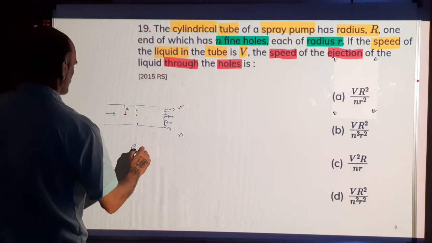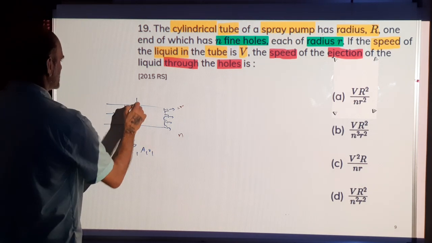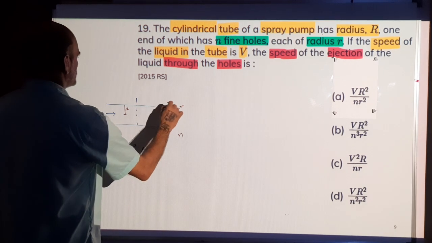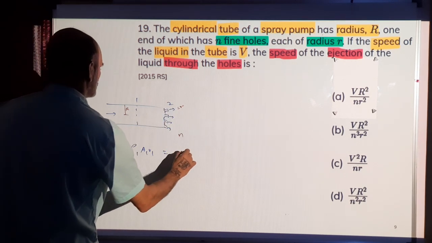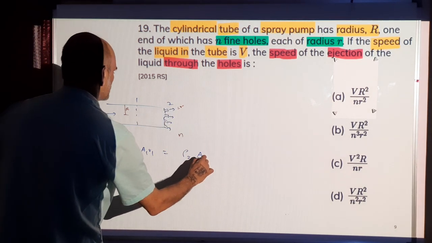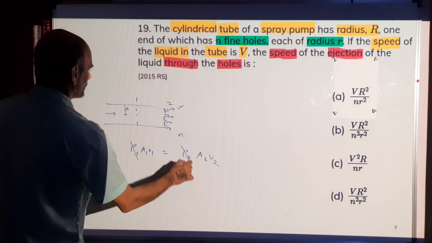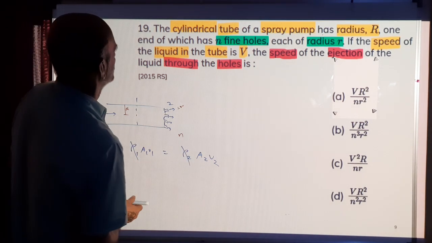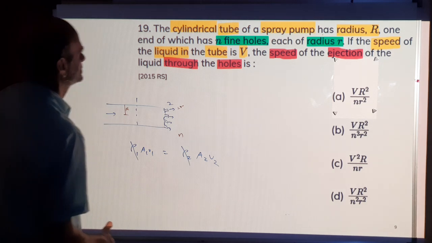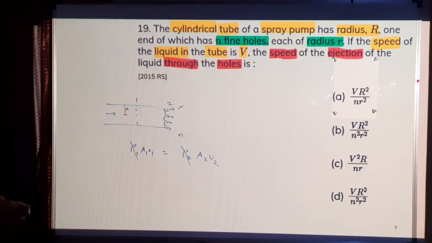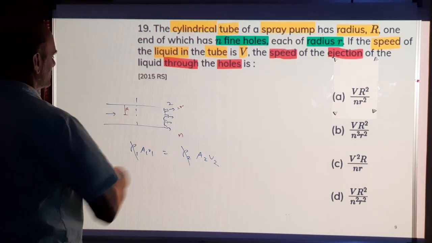So rho 1, A1, V1, this is section 1, and the collection of all these is section 2, equal to rho 2, A2, V2. Rho is the same, incompressible fluid, which they have not mentioned, but they should have mentioned, but we can assume it.